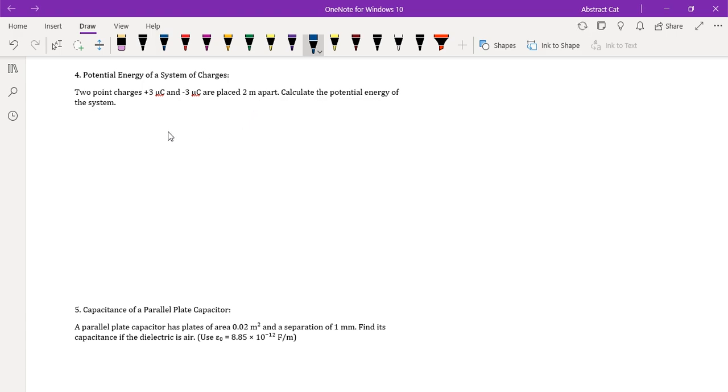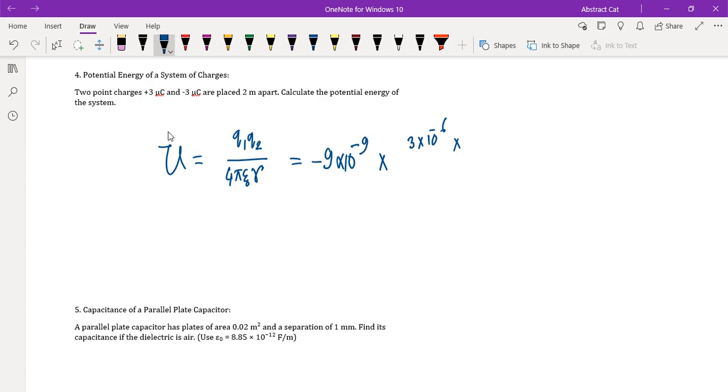The basic formula is U equal to Q1 Q2 over 4 pi epsilon naught times R. Here 1 over 4 pi epsilon naught is 9 into 10 to the power 9, and the two charges are 3 into 10 to the power minus 6 and minus 3 into 10 to the power minus 6, over R, the distance 2 apart.